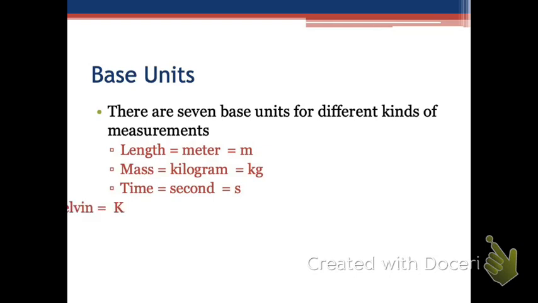Okay, Kelvin is the most common temperature unit. In America, what do we use to report temperature? Fahrenheit, right? Does anyone else in the world use that? No. Everyone else in the world uses Celsius, right? Degrees Celsius. And so degrees Celsius and Kelvin have the same unit ratio, okay?